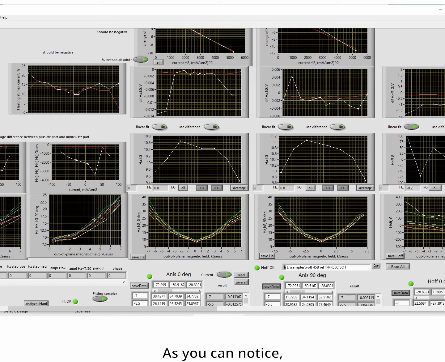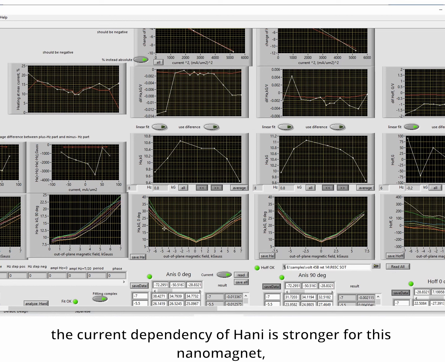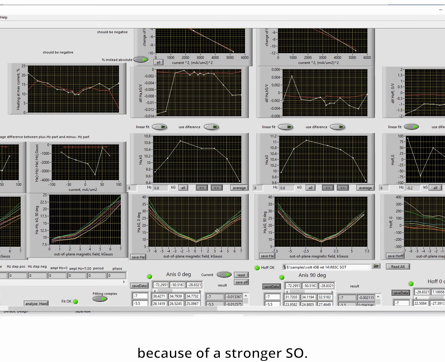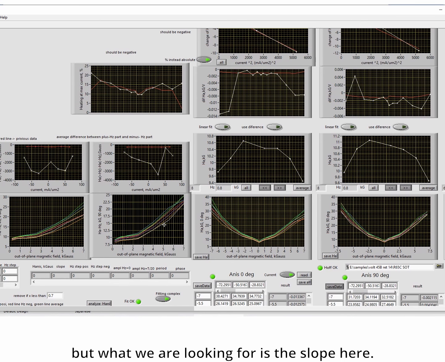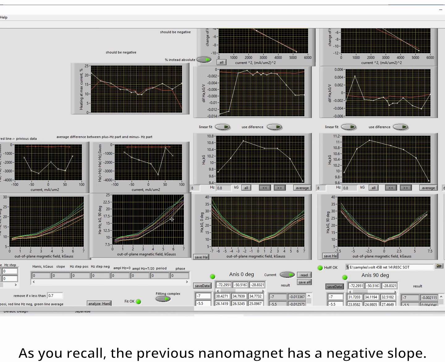As you can notice, the current dependency of anisotropy field is stronger for this nanomagnet because of stronger spin-orbit interaction. But what we're looking for is the slope here. As you recall, the previous nanomagnet has a negative slope.